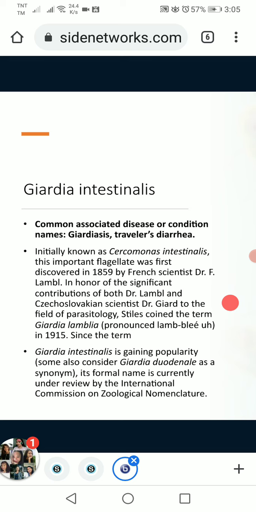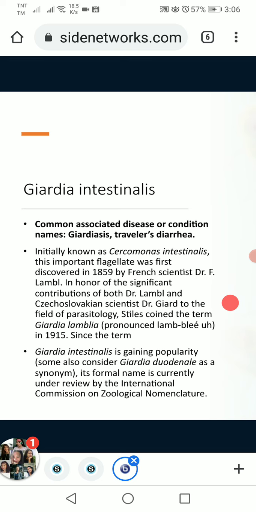So, initially, it was known as Cercomonas intestinalis. This important flagellate was first discovered in 1859 by a French scientist, Dr. Lambl, and with the help of Dr. Giard. Okay?